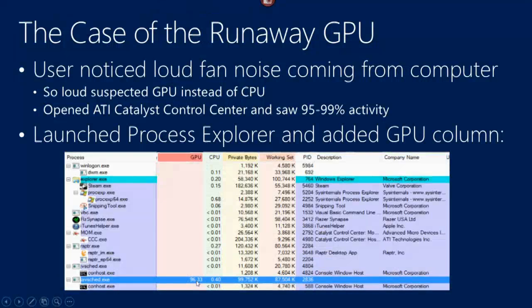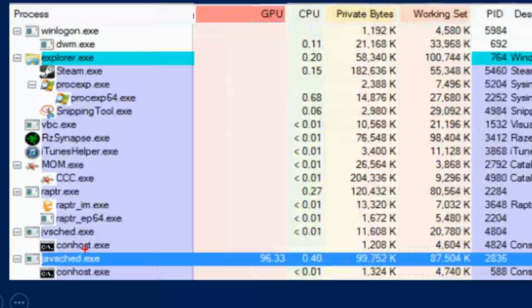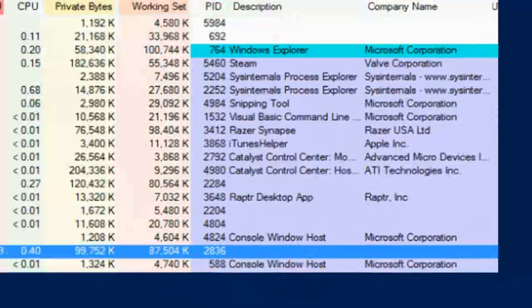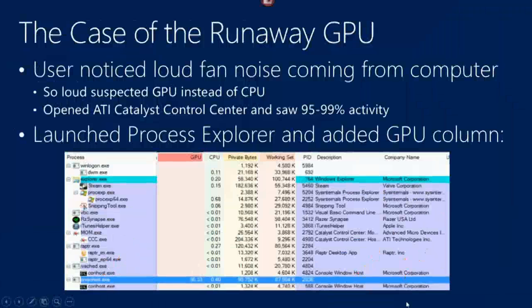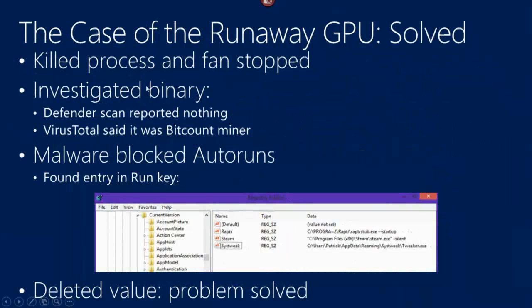You can see GPU right here, and you can see the process that's consuming 96% of the GPU is something called javasked.exe. It's got no company name, it's got no description, so it's obviously something potentially suspicious consuming the GPU. What he did is kill the process. At that point, the fans stopped, and he went in and investigated the binary.